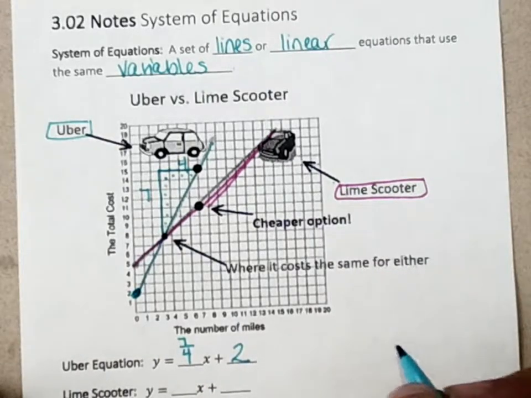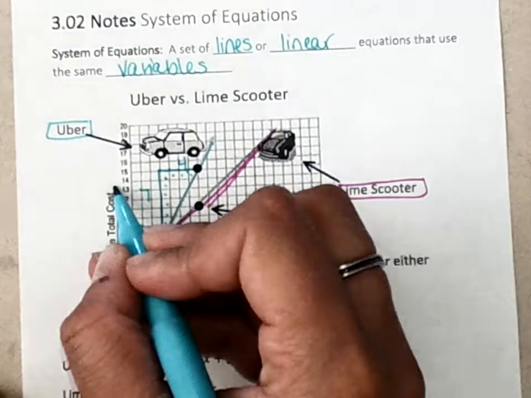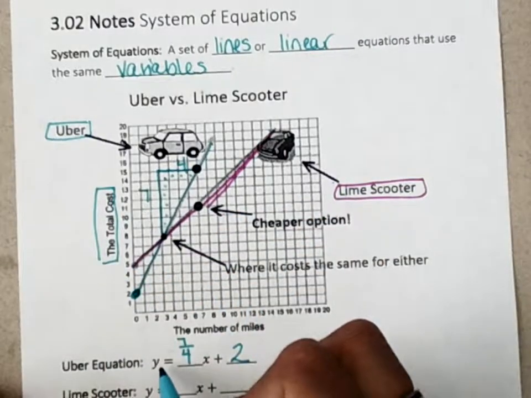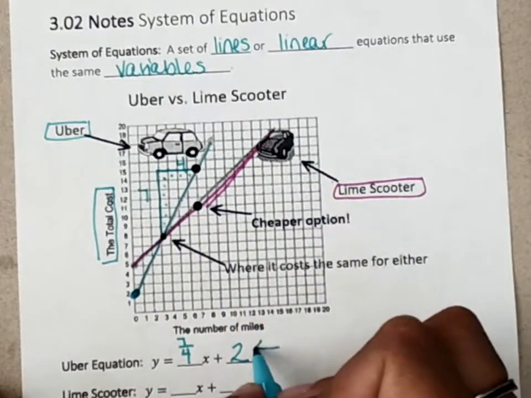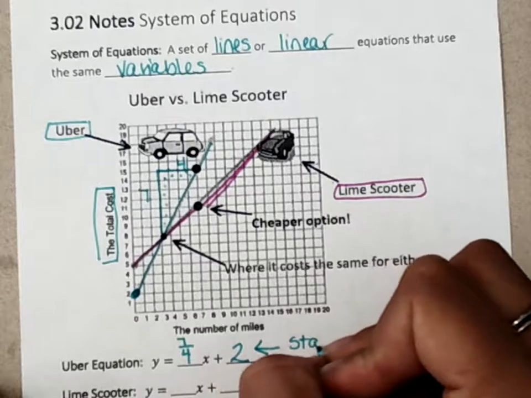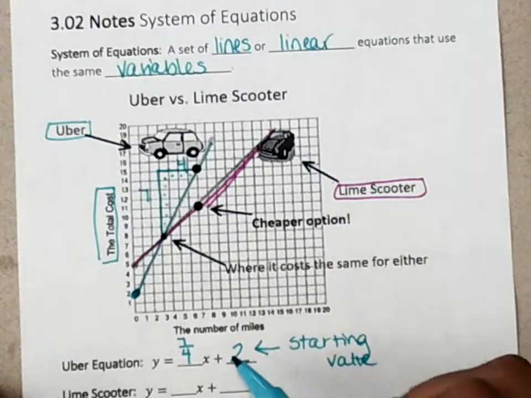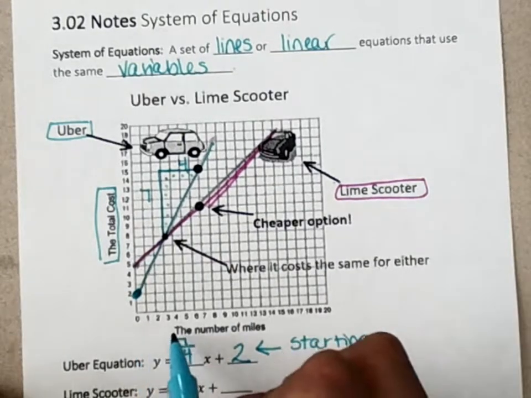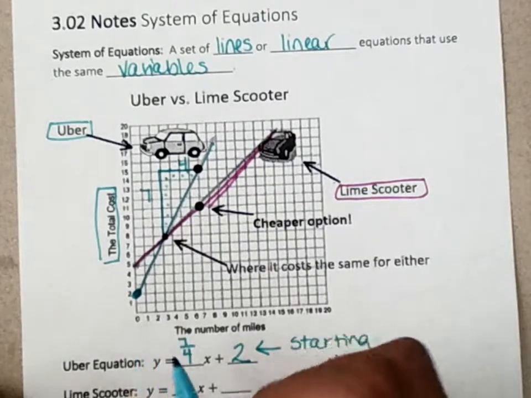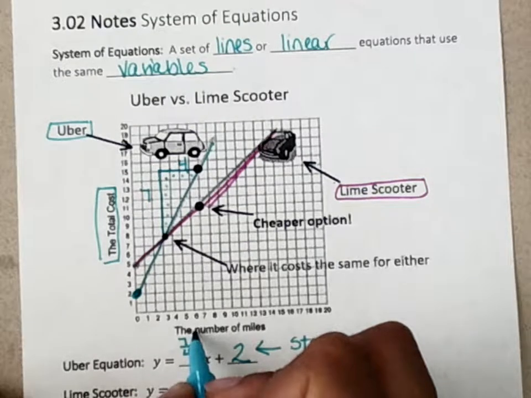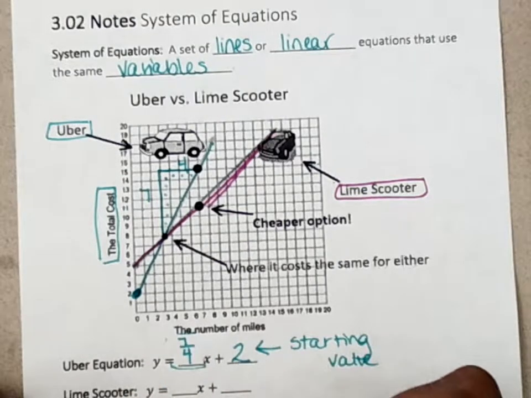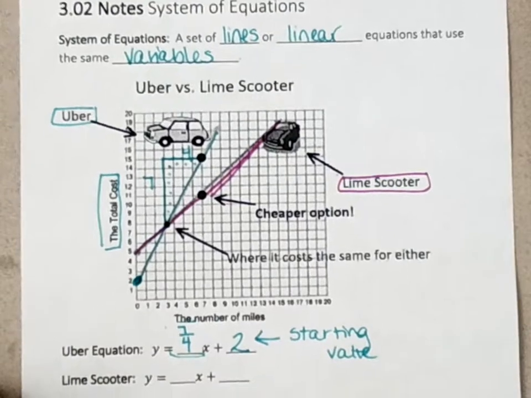So this means that the total cost is represented by 2 as the starting point, or the starting value, meaning it costs $2 to get in the car, and then the number of miles, for every mile, the price increases 7/4. You can leave it as a fraction or a decimal.